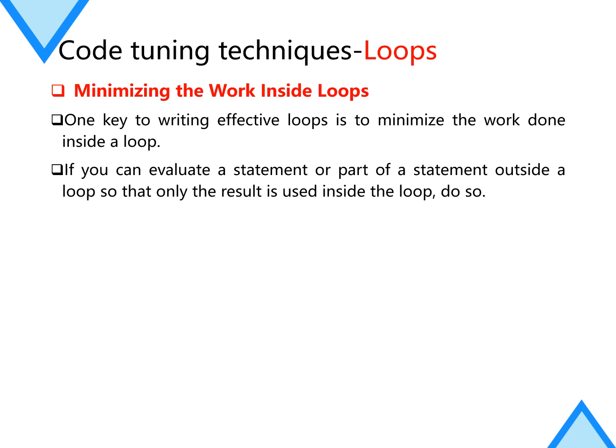If you can evaluate a statement or part of a statement outside a loop, so that only the result is used inside the loop, do that. If you have a complicated expression inside the loop, just do the calculation outside the loop and use the results of the calculation inside the loop.